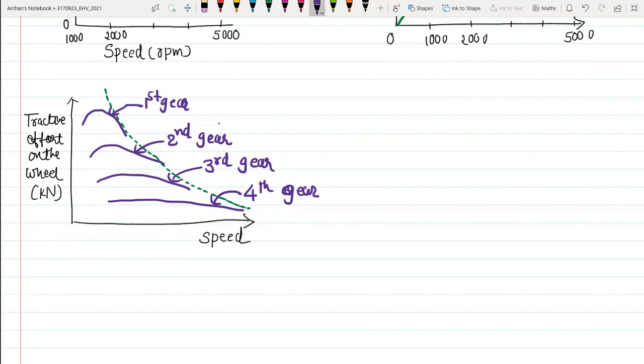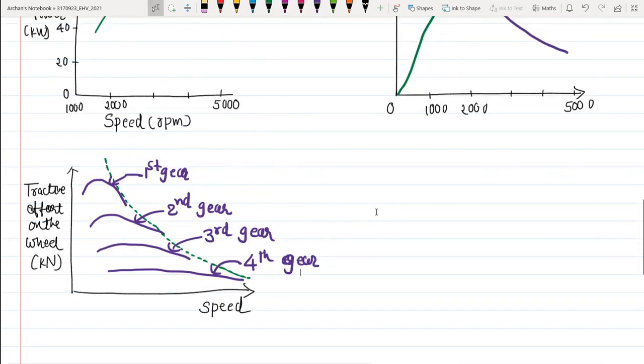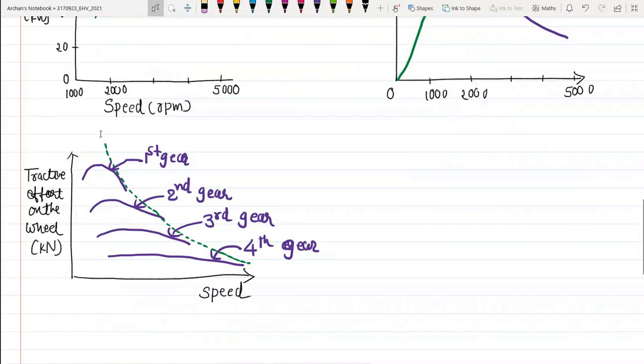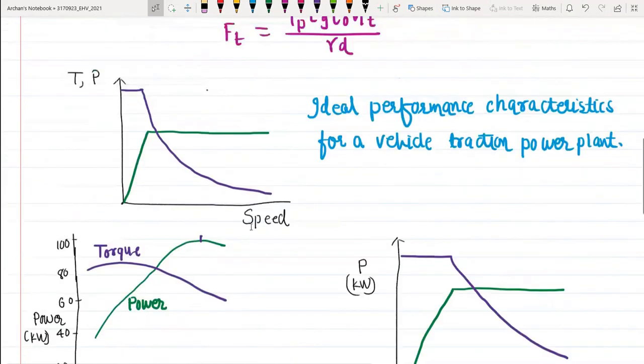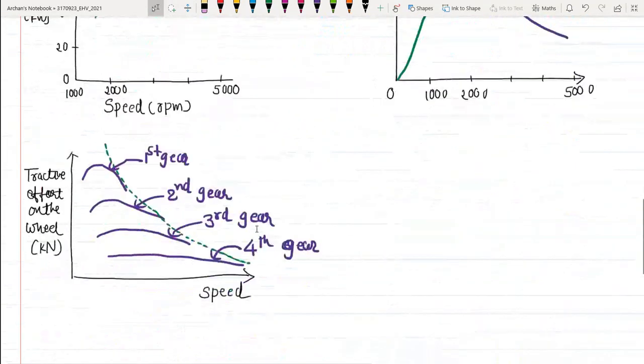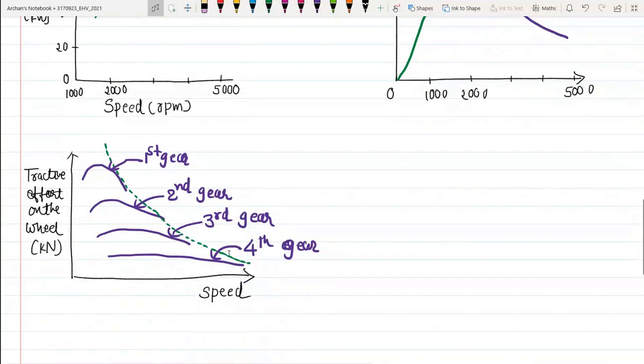Right, so this was about the gasoline engine. Now compare these two things. Here you can see the torque speed characteristic is quite flat. But if you compare the average of these four gears, then we will get the characteristics which are almost similar to the ideal performance characteristics, which is the required one. So this is how the gear system comes into the picture for transmission.